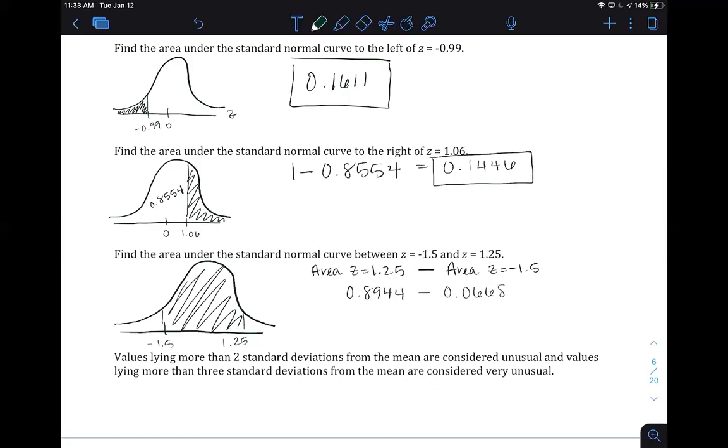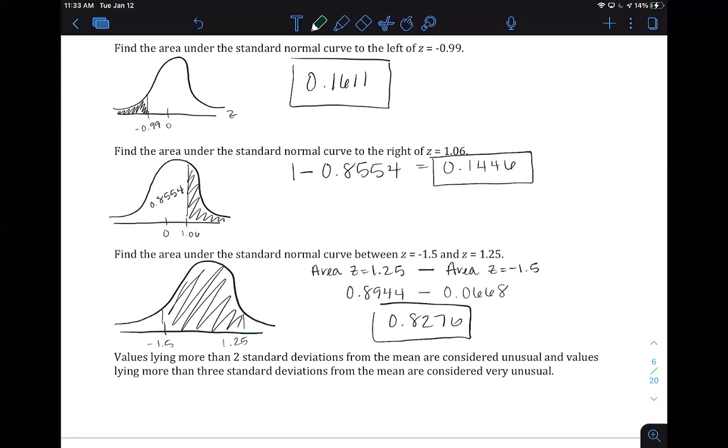And then subtract those. And you get 0.8276.